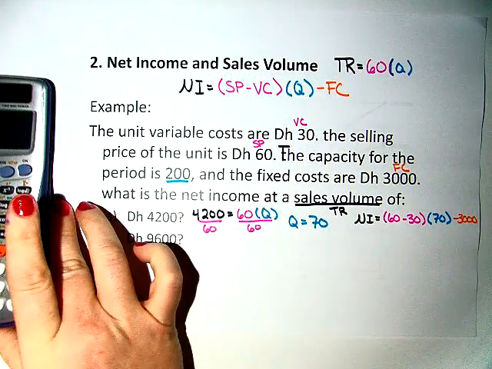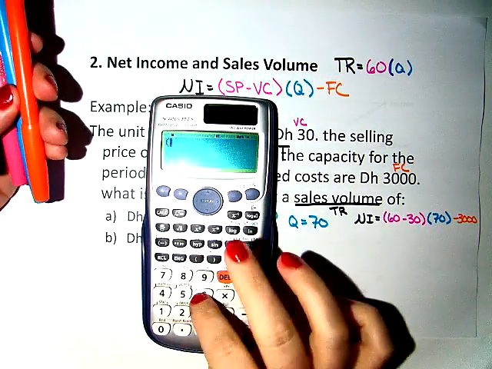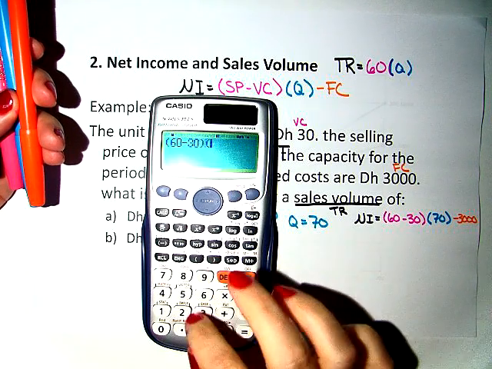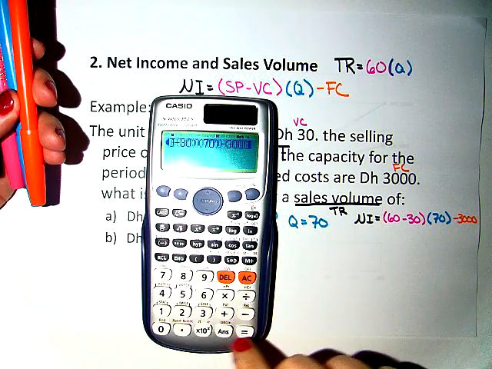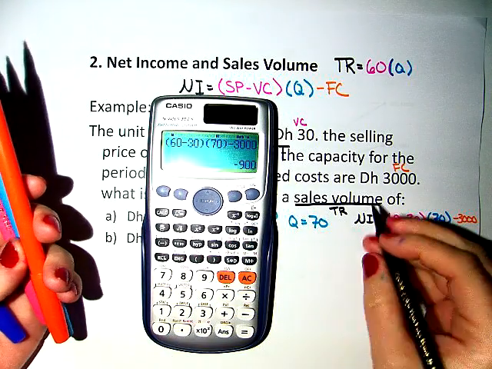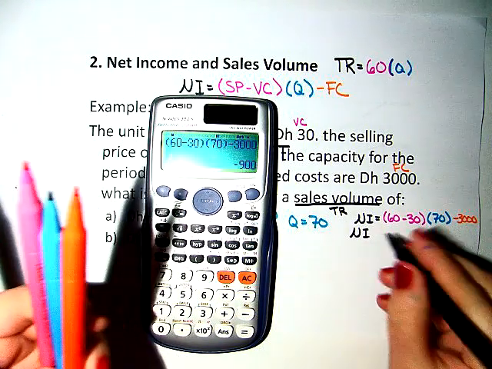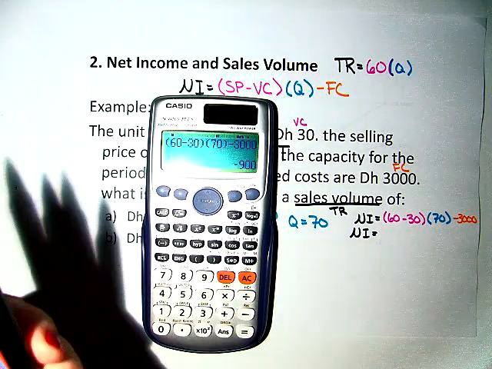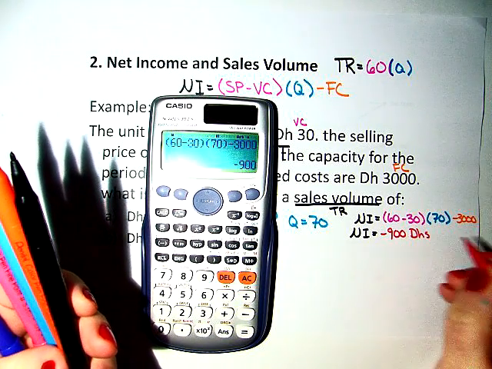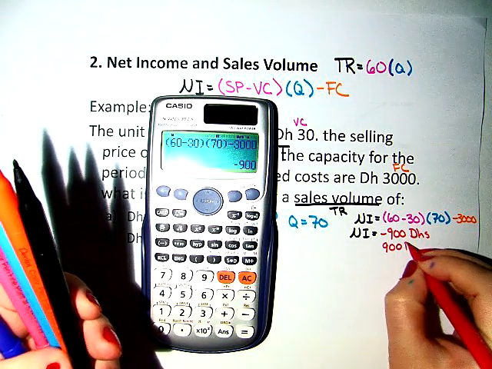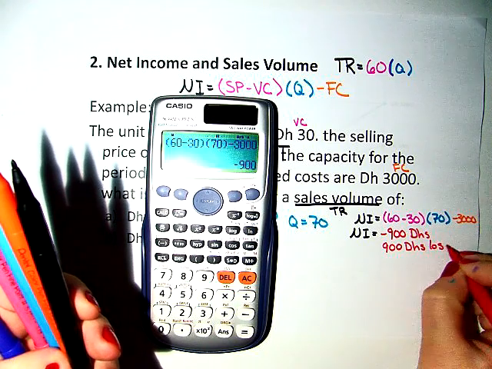Put it in our calculator just as we see it. 60 minus 30 times 70 minus 3,000. And that gives me a net income of a loss of 900 dirhams, or a 900 dirham loss.